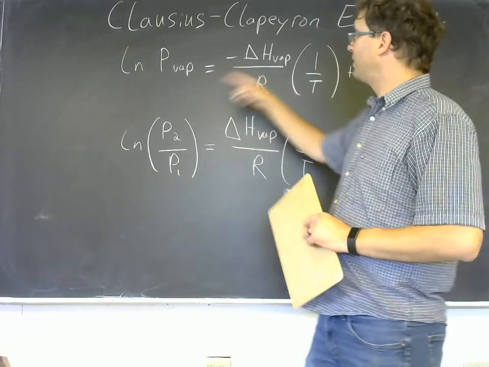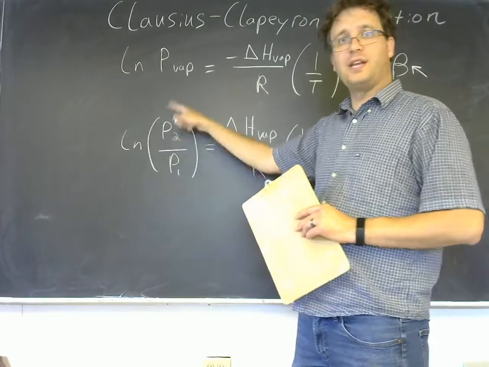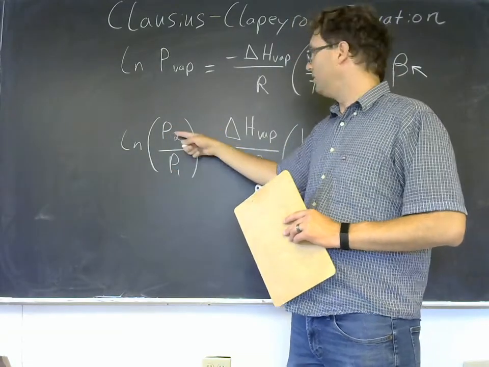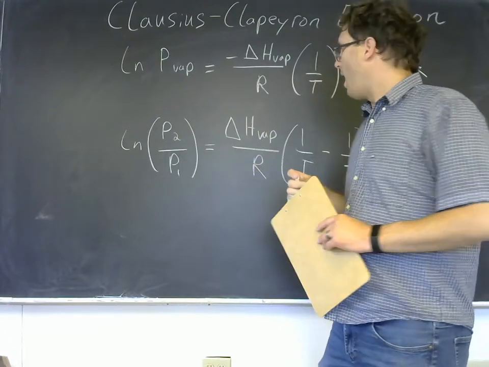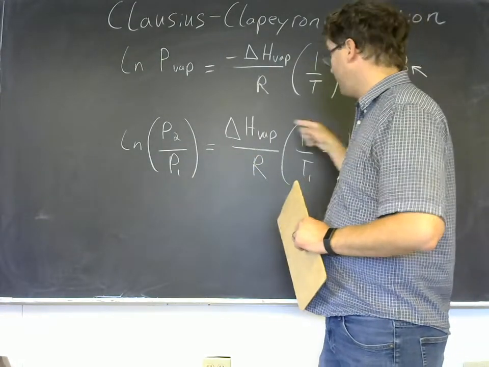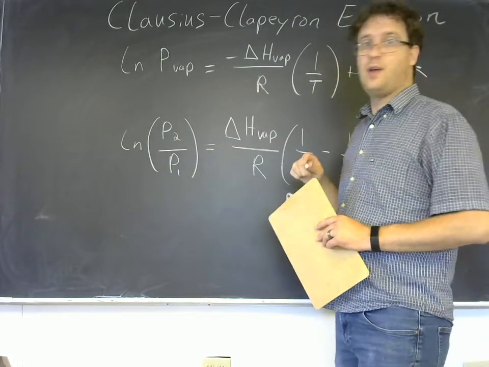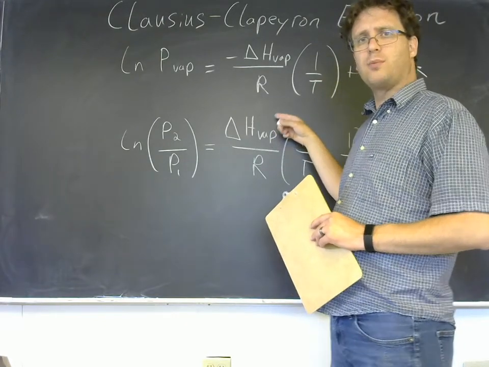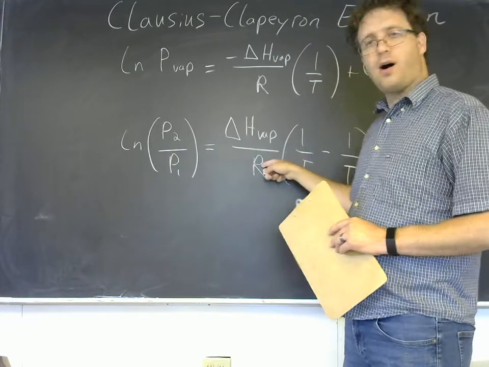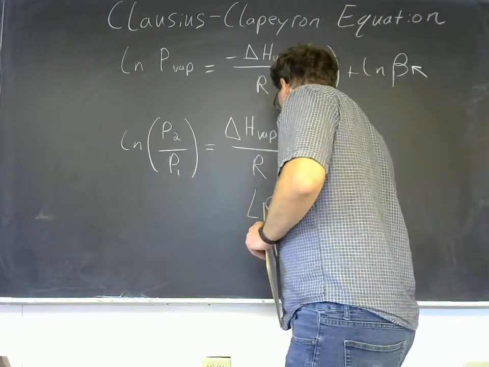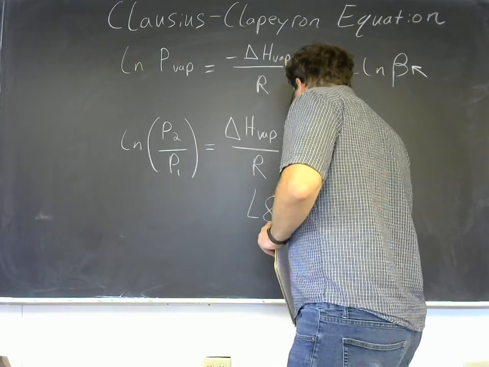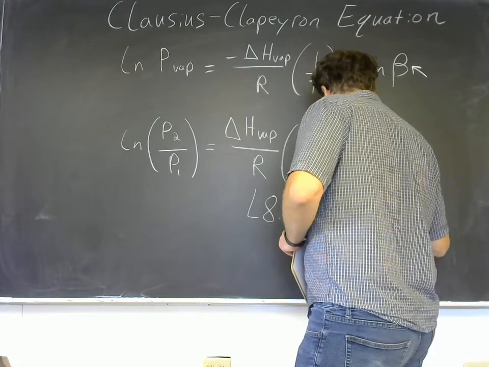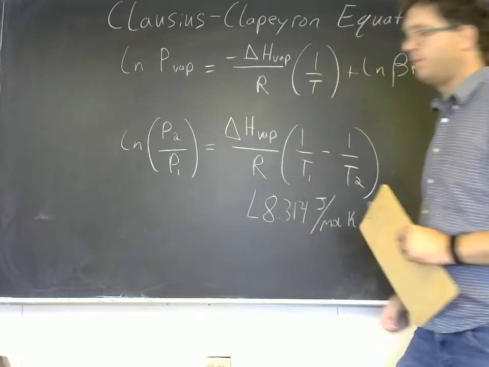Your pressures can be in any unit you like as long as they are consistent with each other, because you divide one by the other. And then your enthalpy of vaporization is usually given in kilojoules per mole, but R here is going to be in units of 8.314 joules per mole Kelvin.